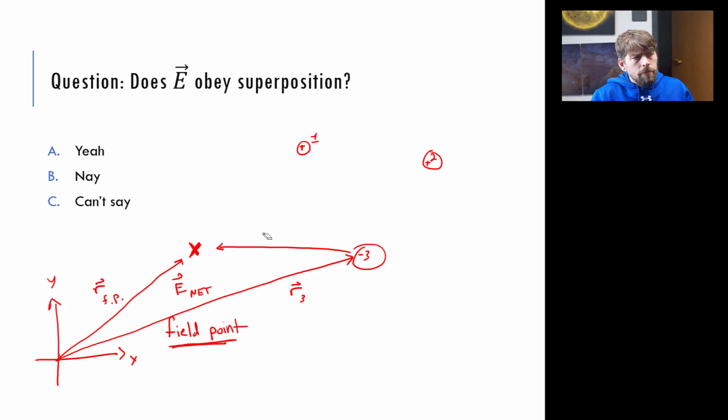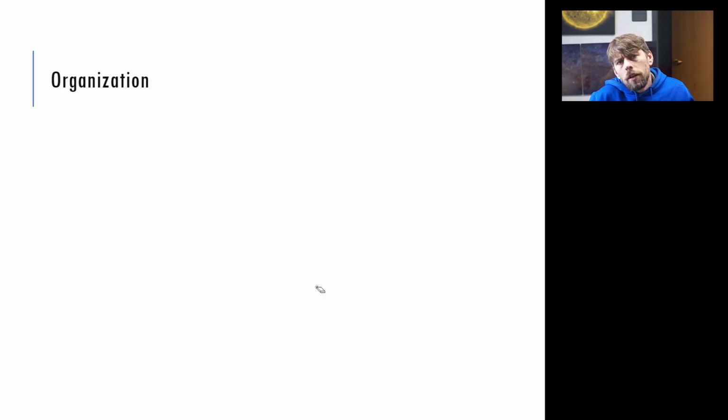Lastly, I use this chart to help organize some information. We'll do some more exercises after this, but the last thing is I tend to use this chart to help organize my thoughts, because we're actually going to end up with 4 different physical quantities that have equations that look roughly the same.